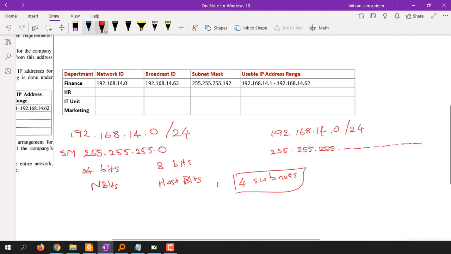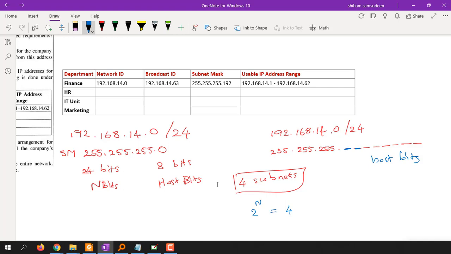In order to do that, we'll need to find out how many bits we require from these host bits. How many bits do we need to borrow from the host bits to create 4 subnets, right? So the formula is: how many subnetworks we require, that is 4, and how many bits we would require is 2 to the power n.